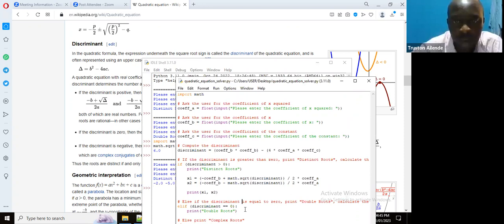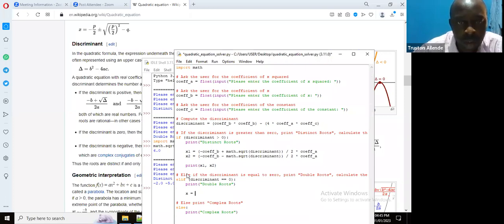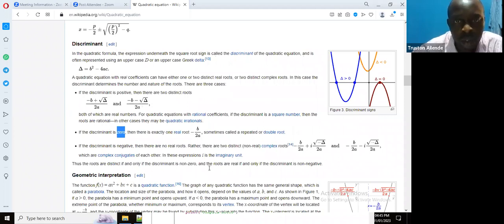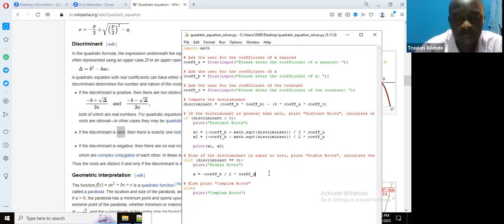For doubles, let's see. X equals minus b over 2a, and then print.